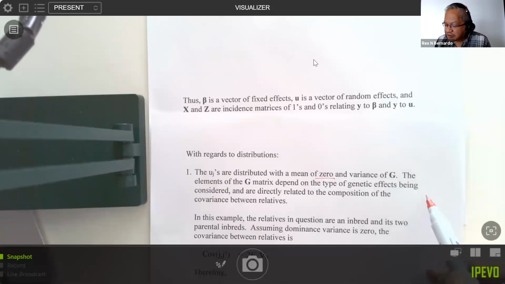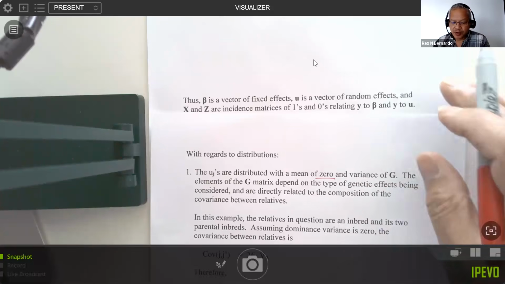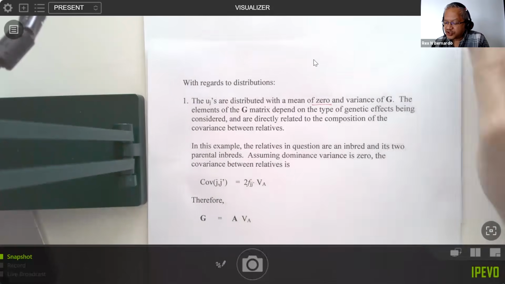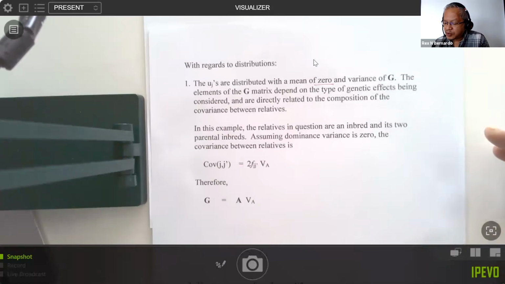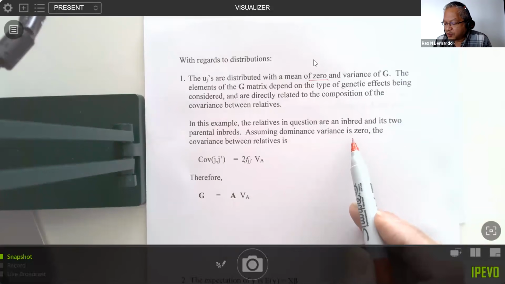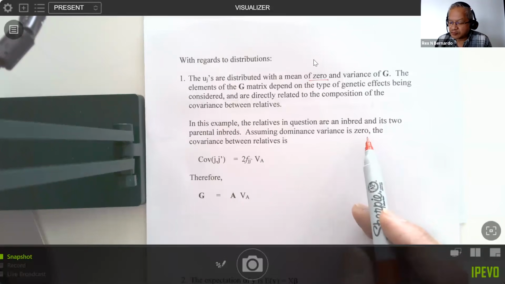If you're working with single crosses, you'll have more than one genetic component that you would have to model. But in this example, the relatives in question are an inbred and its two parental inbreds. We're assuming dominance variance is 0, but not only that, because they're inbred lines, dominance variance is not expressed among inbred lines.